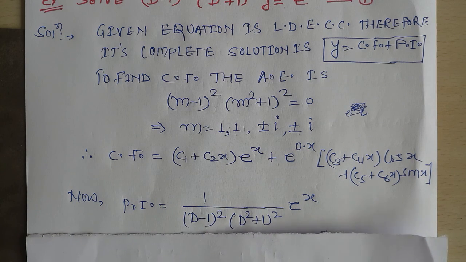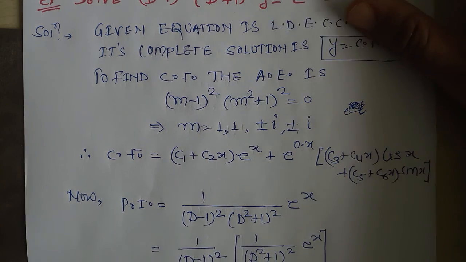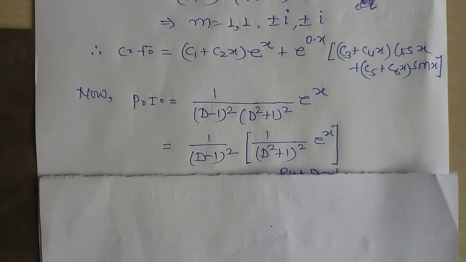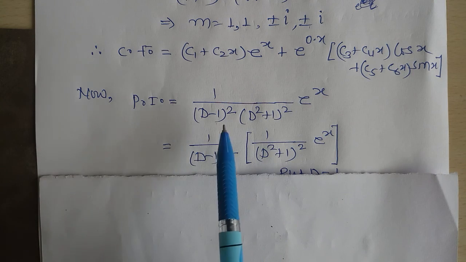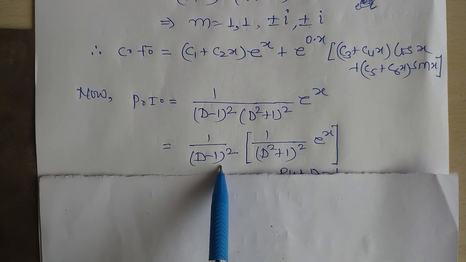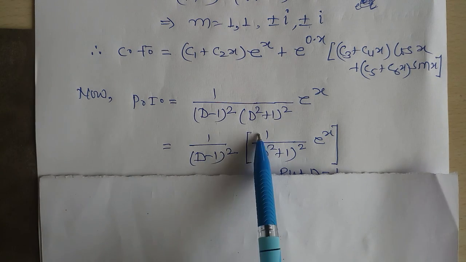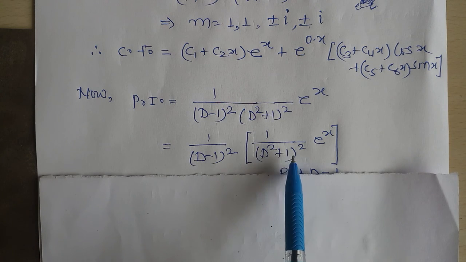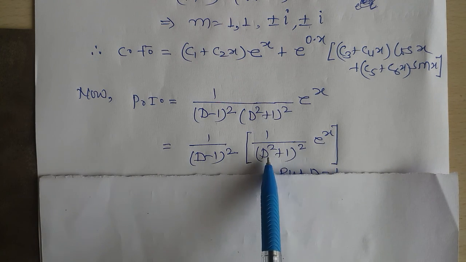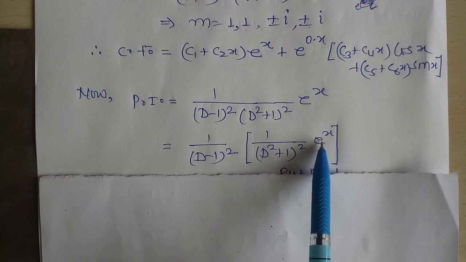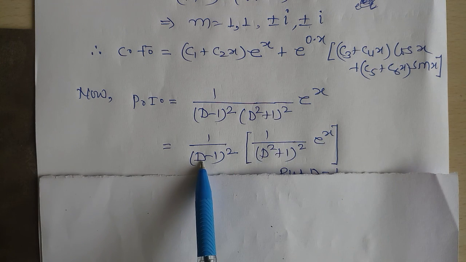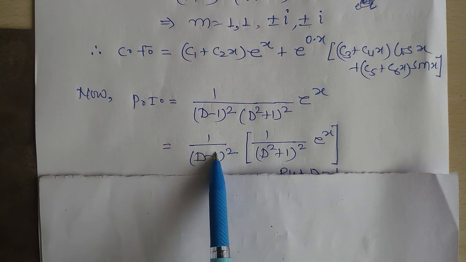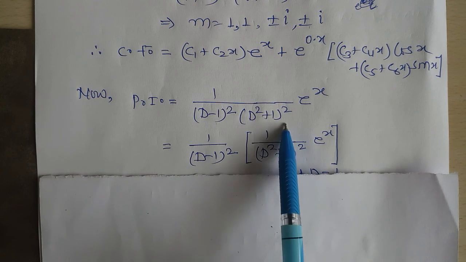So we write the particular integral is 1 upon (D minus 1) whole square into 1 upon (D square plus 1) whole square e raised to x. This factor is not 0 for D equal to a, but this factor is 0. So we solve this factor later, but first we solve this non-zero factor.